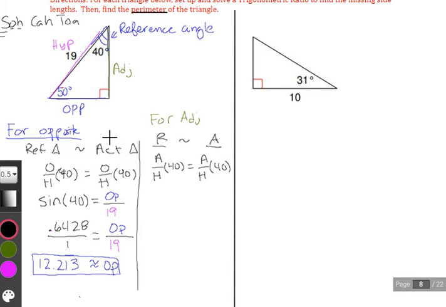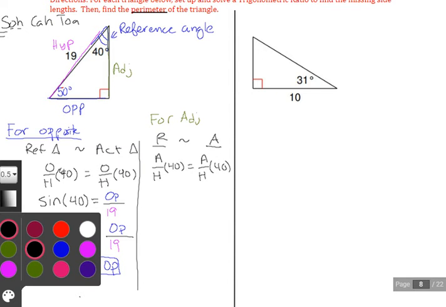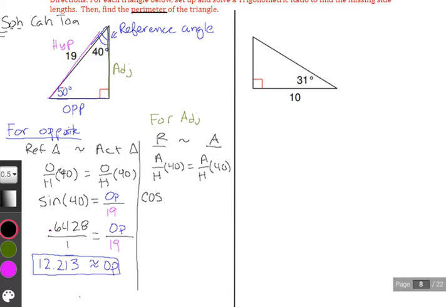Okay, now we know it as A over H because we're looking at a triangle, but A over H for your calculator is going to be cosine. We'll substitute the real numbers from the actual triangle. The adjacent side is unknown, so I'll just call it A. Hypotenuse is known, it's 19.